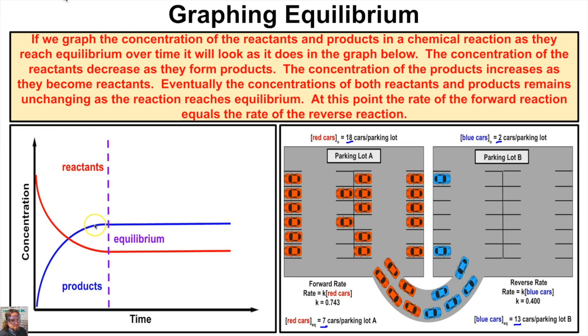And eventually the concentrations of these two, products and reactants, are going to level out. They're going to remain unchanged. The concentration of our products is not changing at all here. The concentration of our reactants is not changing at all here as time goes on.